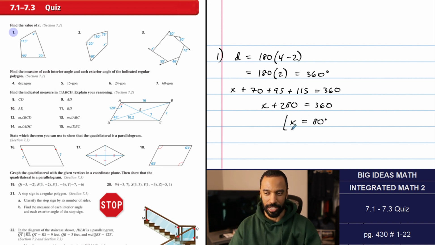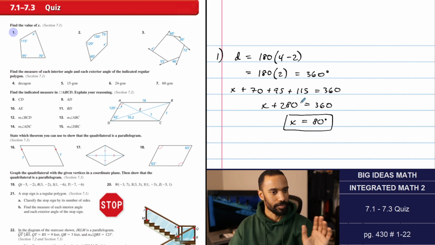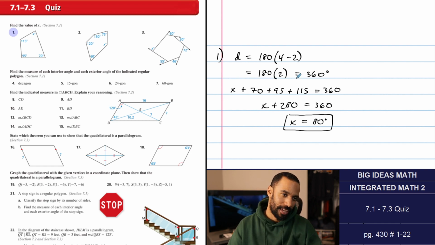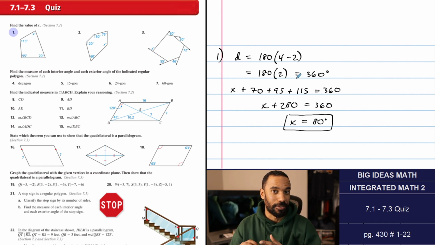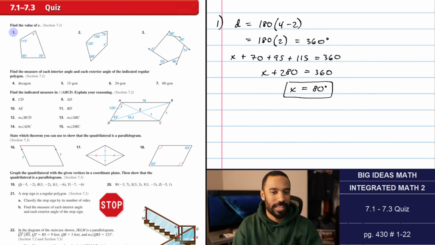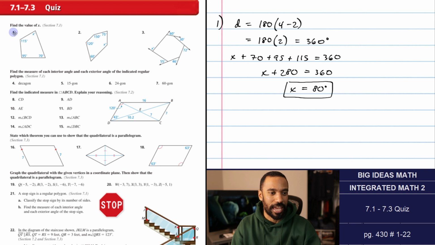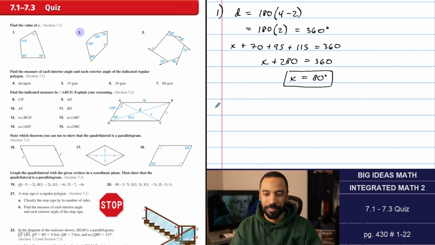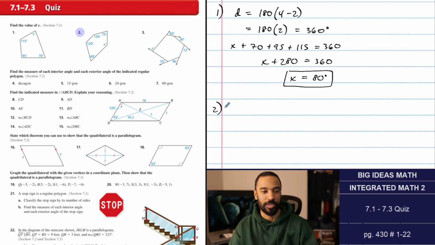And I like to double check just by looking at the diagram they have, and I can believe that that's 80 degrees. It looks a little less than 90, and it looks right to me. Because despite what they say about things not being drawn to scale, they are probably drawn to scale. We just aren't supposed to be measuring with a protractor. We're supposed to be solving algebraically.